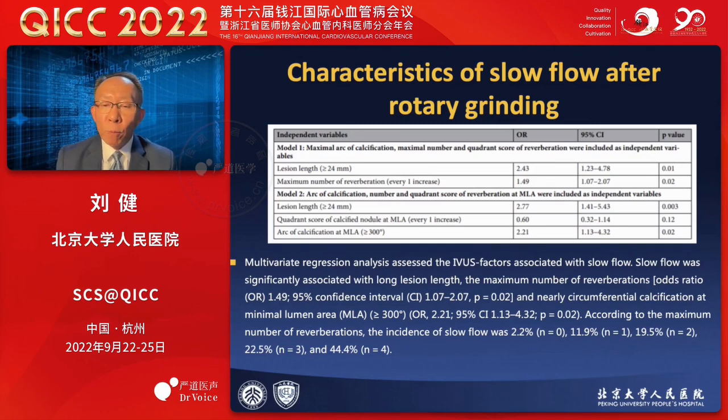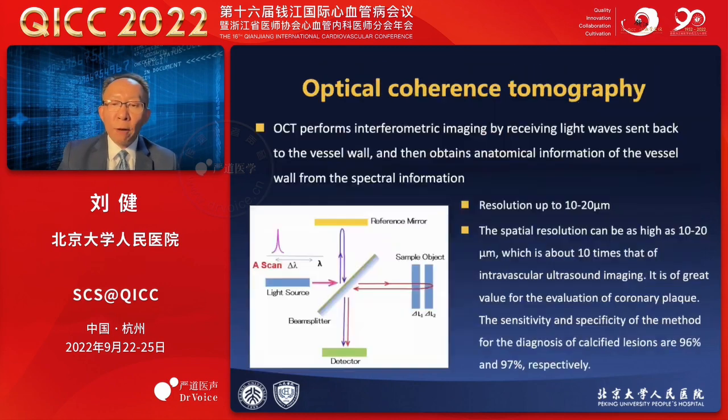If it is larger than 300 degrees, it is also related to the slow flow. So based on these images, for example, the waves, we can look at the slow flow percentage, and that is 2.2%, 11.9%, and 22%. So these are different.